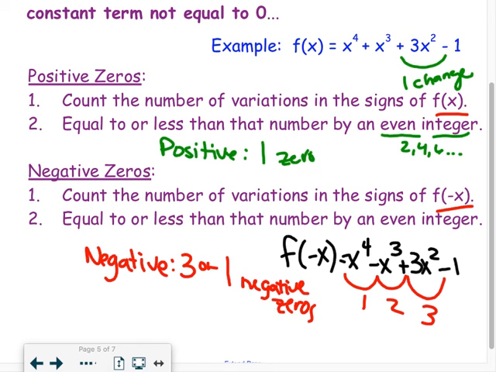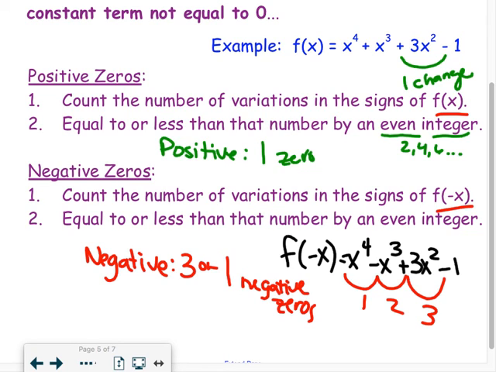So when you're listing these, it's going to be 3 or 1, 2 or 0, 4, 2 or 0, 5, 3 or 1. Right? It's going to go down by an even integer, by 2 each time. But it's not going to be 1 or 0 because there's not a difference of 2 in between those.